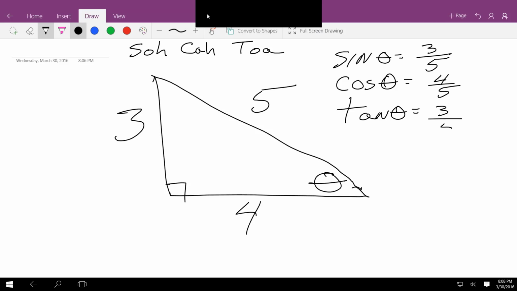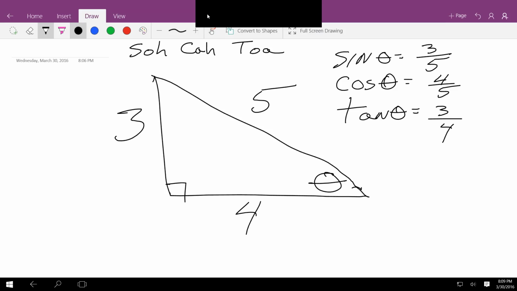Okay. Cool. Now, have you only learned those three, or have you also learned cotangent, secant, and cosecant? We haven't learned that yet. What other kind of trig stuff have you learned? This is the real basic stuff.